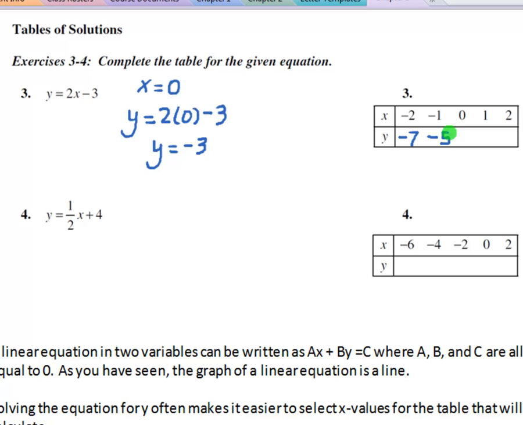So let's put that in our table. The next x coordinate is x equals 1. And we substitute 2 times 1 minus 3 for y. y equals 2 minus 3, or -1.